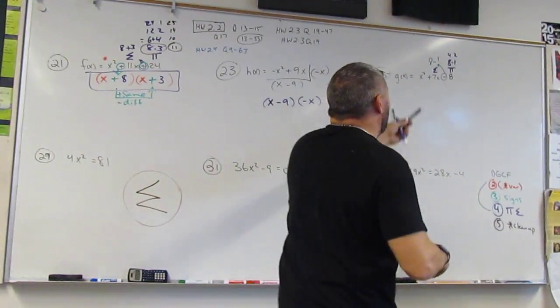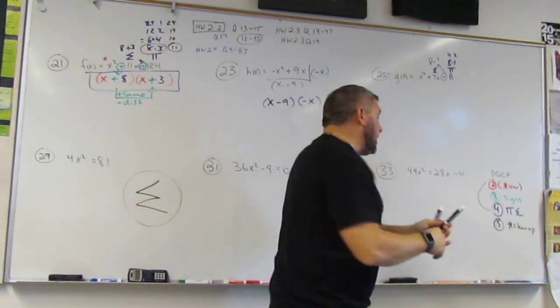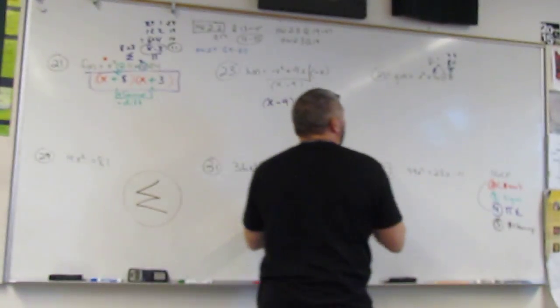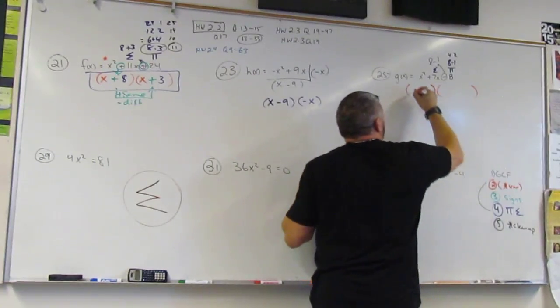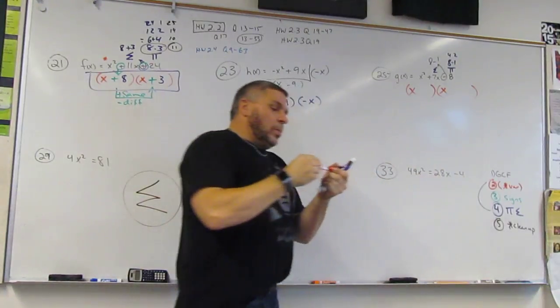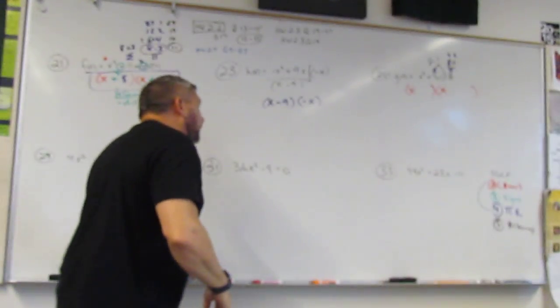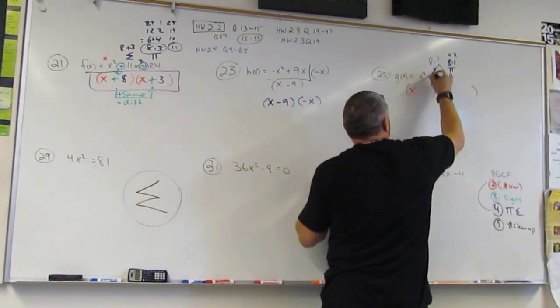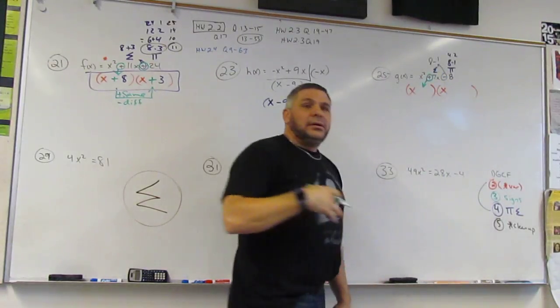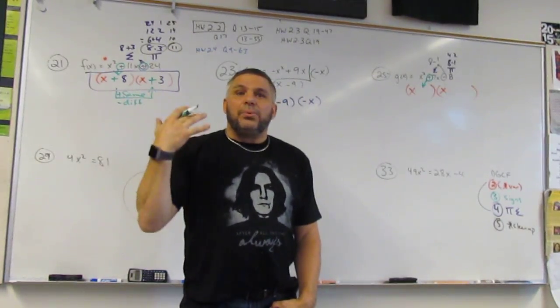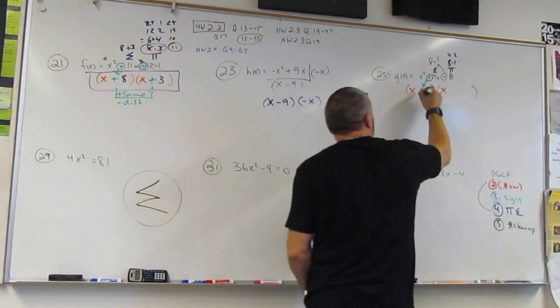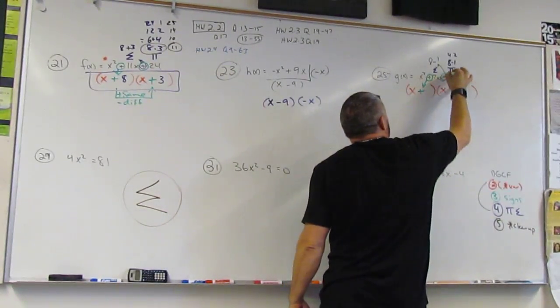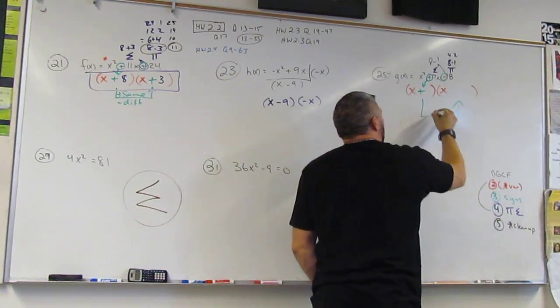And so when you do this, it's the same thing. The first step: parentheses, variable. What is the first sign? You just bring it down. Bring down the first sign. The second sign tells me if these are the same or different.